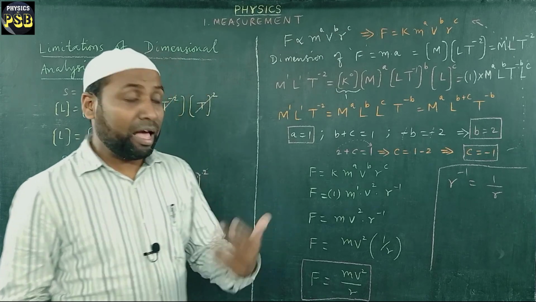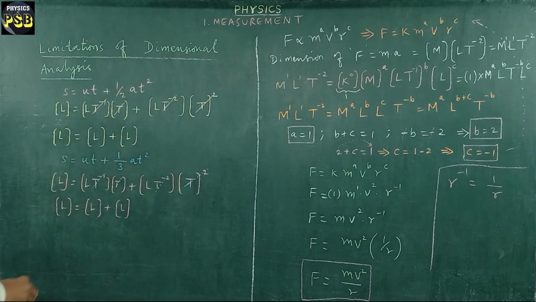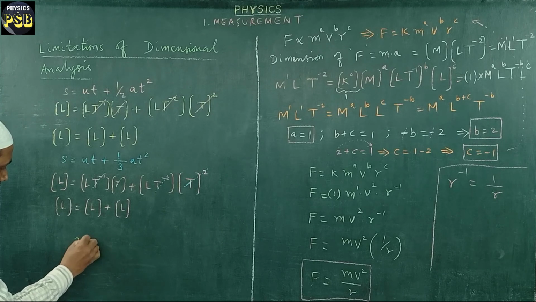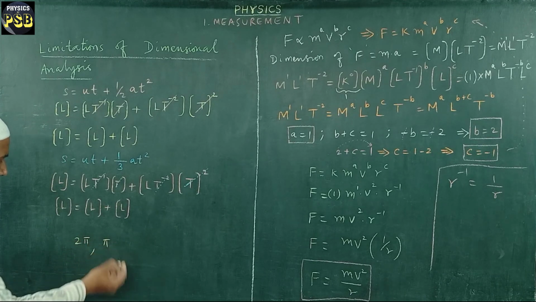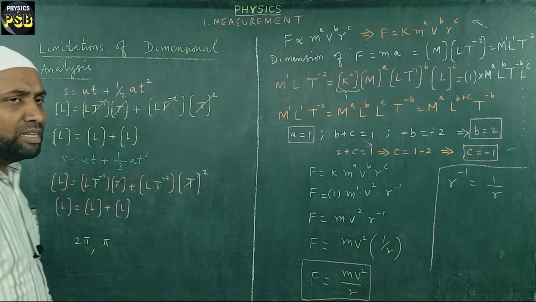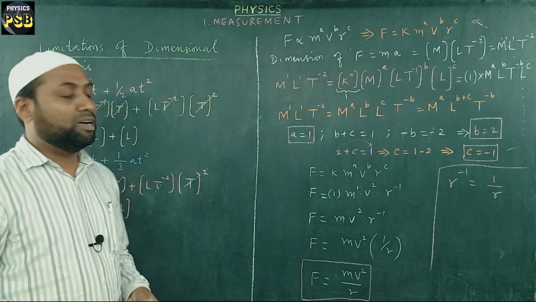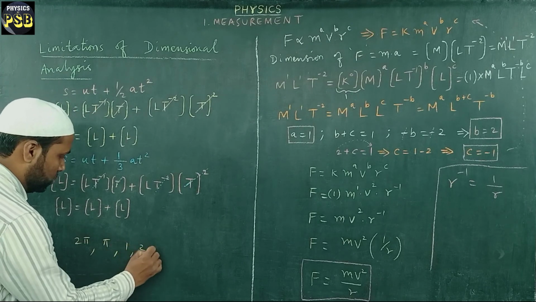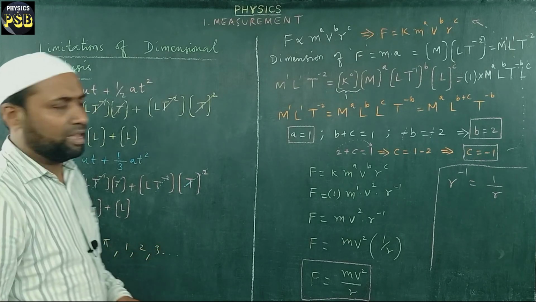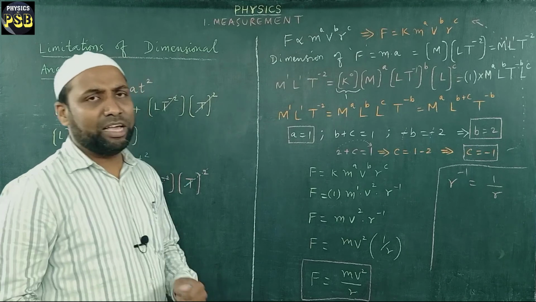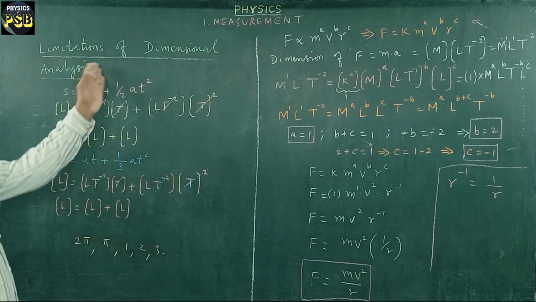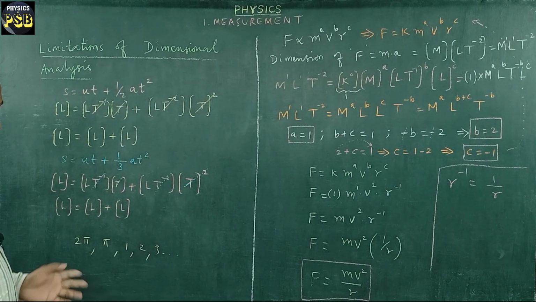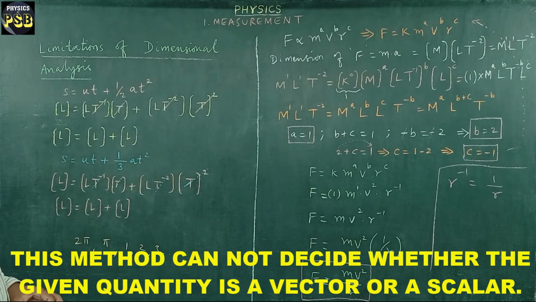Not only that, if we have certain constants like 2 pi or just pi, or some dimensionless constants or some numbers like 1, 2, 3 in an equation, even in such a case, we cannot use this method to analyze it. So these are some of the limitations of dimensional analysis.